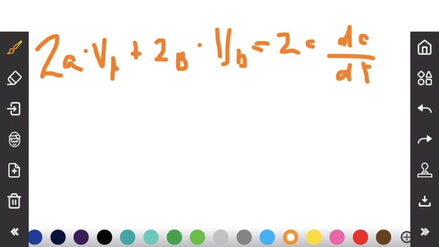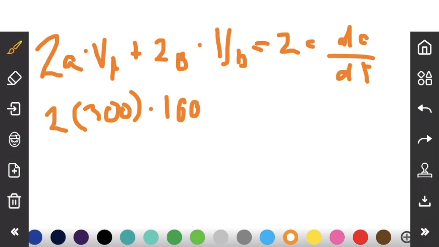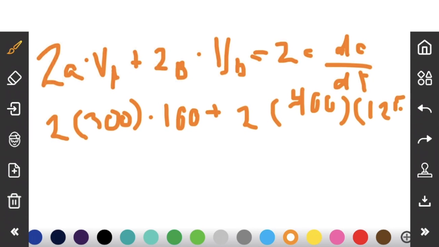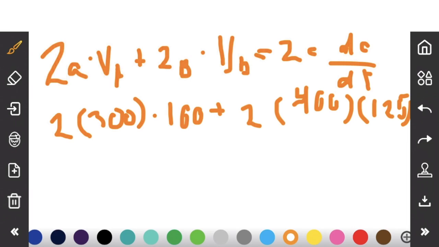So that would be 2 times the position at A, which was 300, times VA at time equals 2, which was 100, plus 2 times 400, times the VB that we just found, which was 125, equaling 2 times 500, because we said that it's a 3, 4, 5 triangle, times dc over dt.